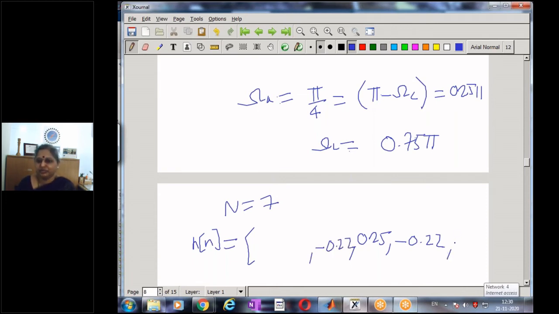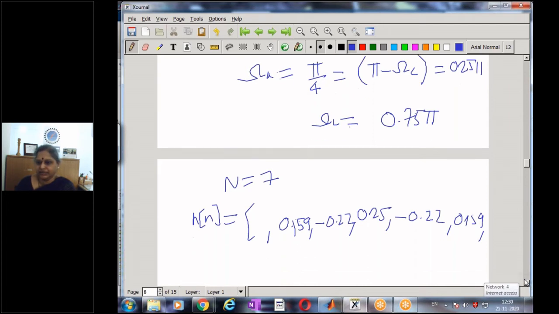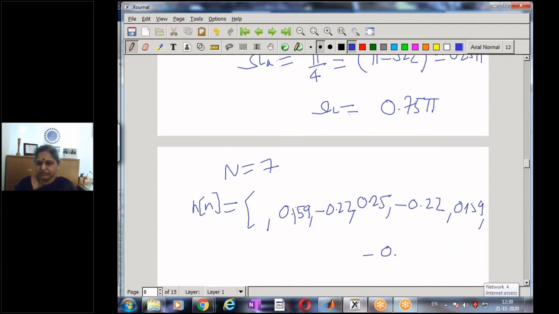The next value is 0.159, and the next value is minus 0.075. So this is how we have our impulse response.